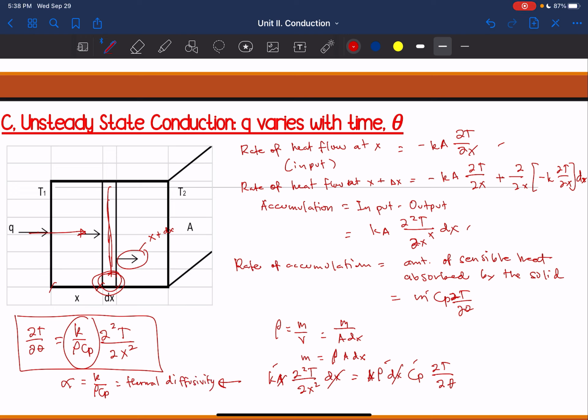Why thermal diffusivity? Remember before, ang sabi natin kay thermal conductivity, K is your alpha times rho Cp. Diba? Remember, your thermal conductivity, that's your K, is your thermal diffusivity times rho Cp. Okay?